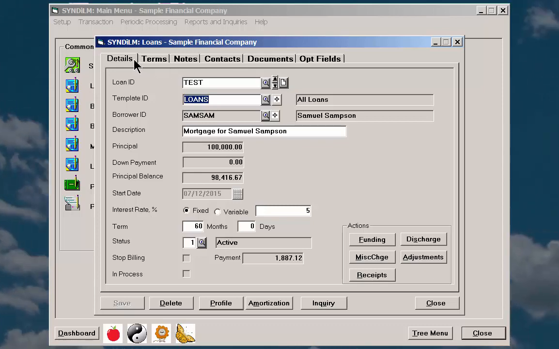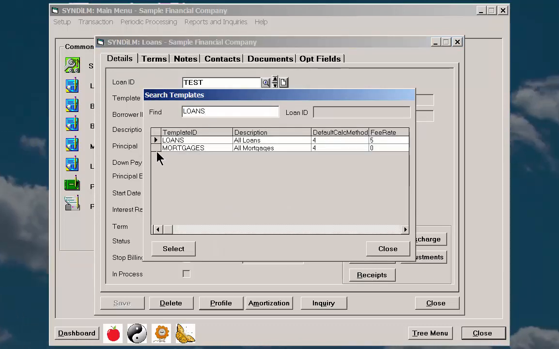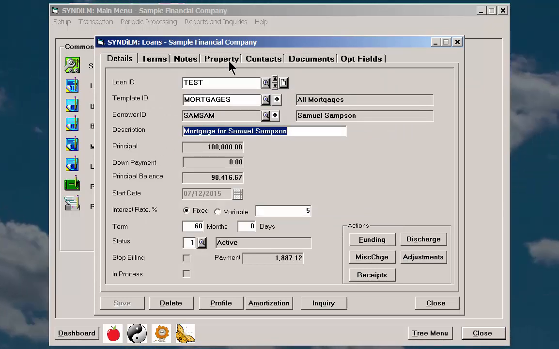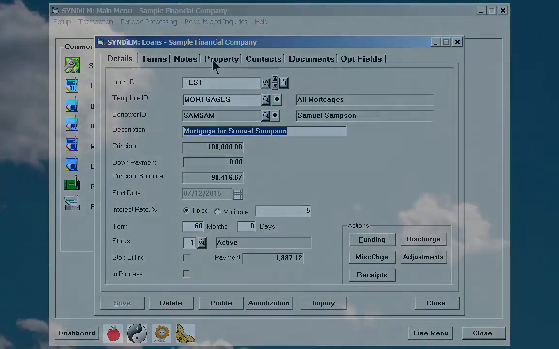Now notice that you have got 1, 2, 3, 4, 5, 6 tabs here. Okay, if you change it to mortgages, then it adds one more tab there, which is the property, and it is expecting that you will give the property details. We will learn in a separate tutorial how to set up properties.